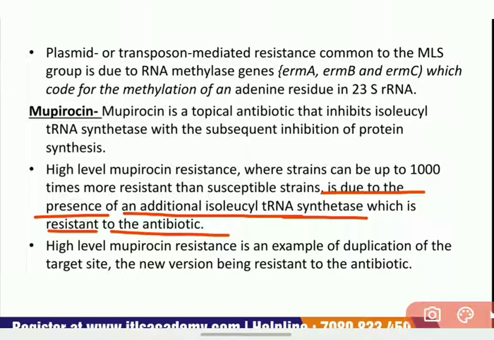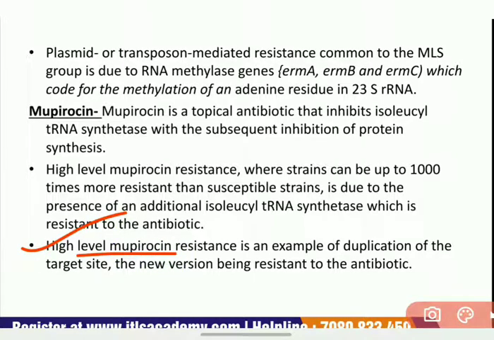The origins of high level mupirocin resistance are unclear, but the low homology with existing genes would suggest that resistance is acquired from microorganisms other than Staphylococcus aureus. So we can say that high level mupirocin resistance is an example of duplication of the target site, with the new version being resistant to the antibiotic.